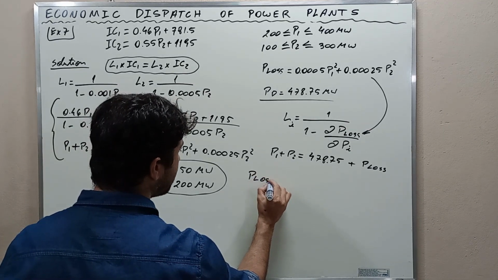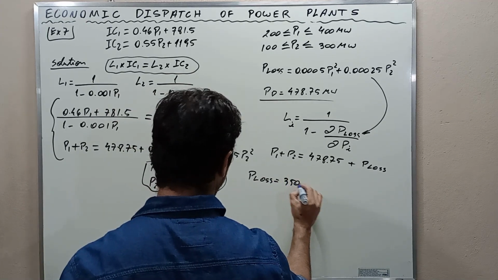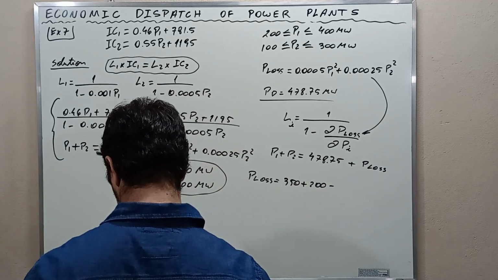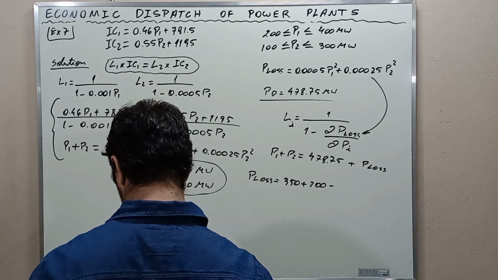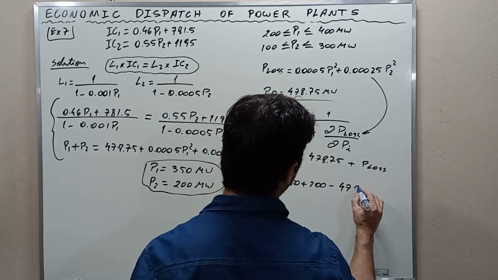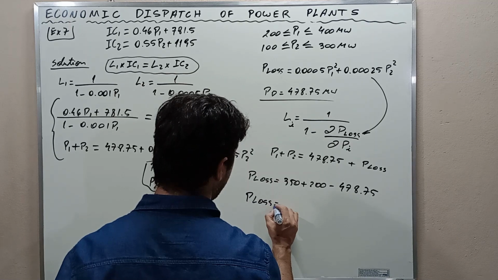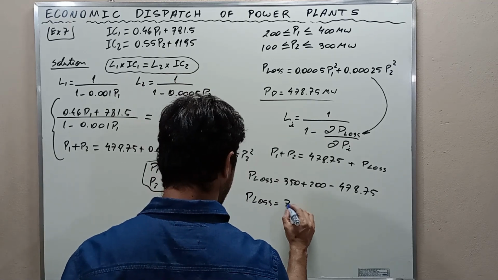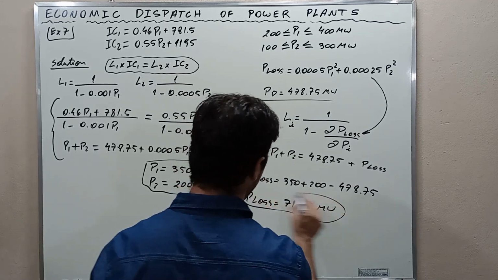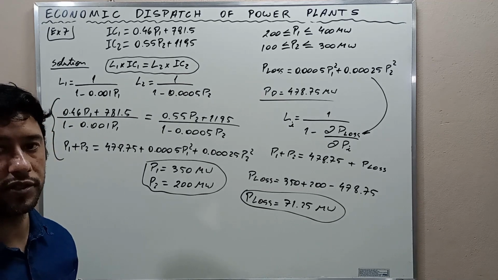P loss will be equal to 350 plus 200 minus PD, which is 478.75, and then the losses will be 71.25 megawatts. Okay, my friends, this is the solution of this exercise.